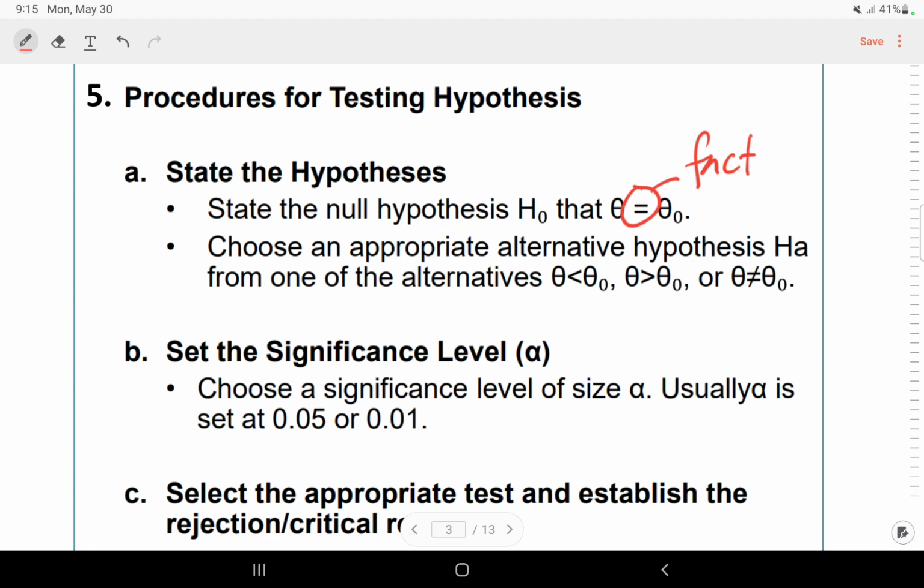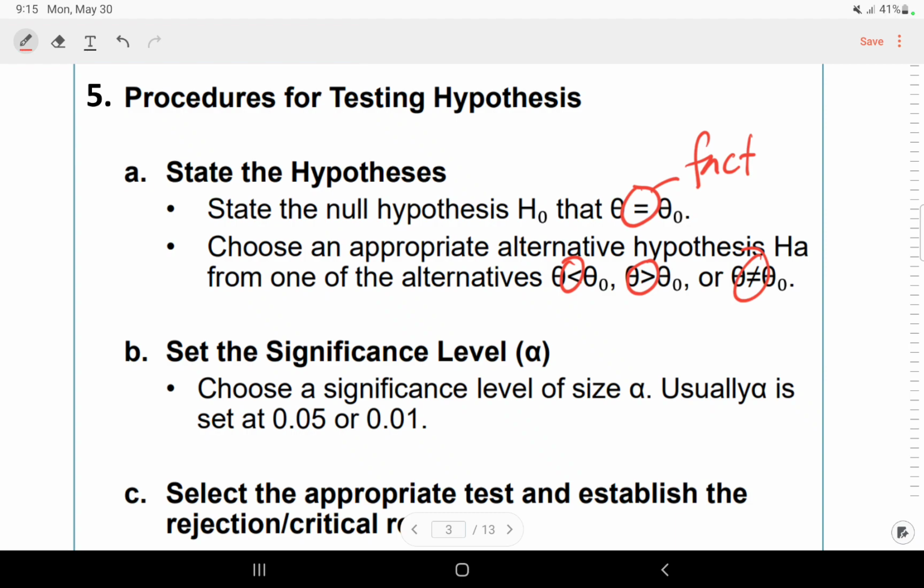So you state it. When you are now choosing the alternative hypothesis, which negates the null hypothesis, it makes use of an inequality symbol. So here you are making your claim. You can say here that the nicotine content of that cigarette exceeds the normal 7.0.